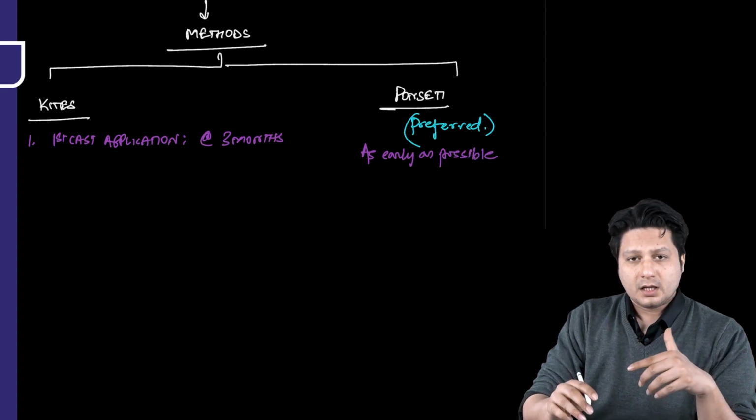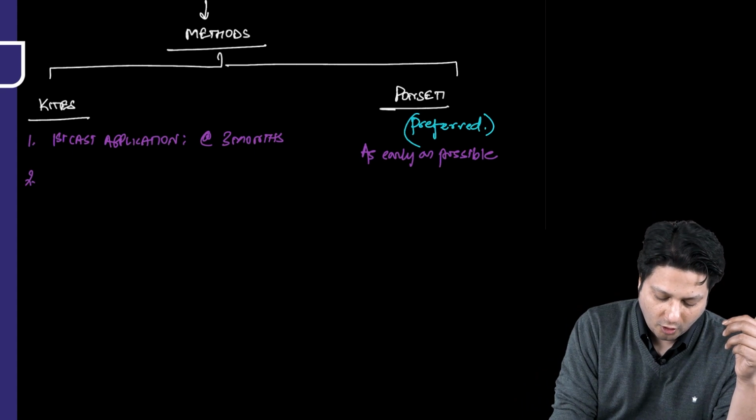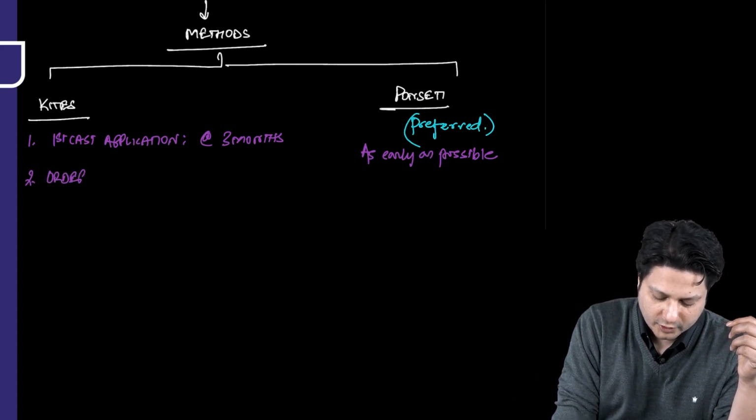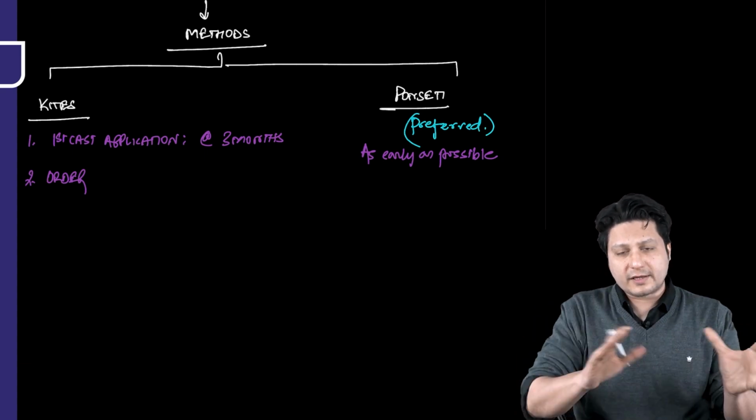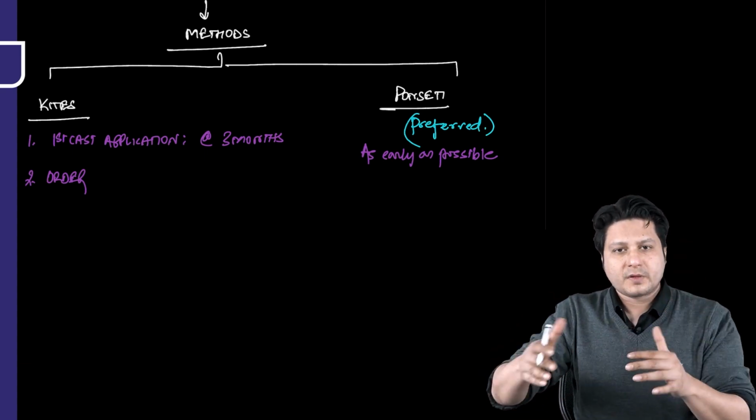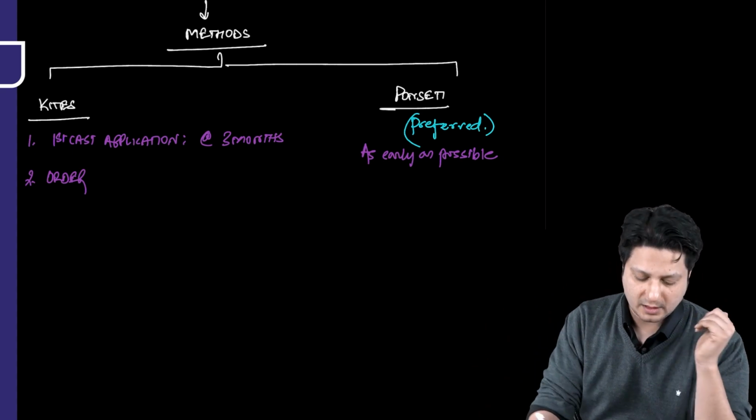Similarly, in case of Kite's method, there is an order of correction of deformity. First of all, write it down. After that, you will be able to understand the significance of this order as well as the timing of first cast application.